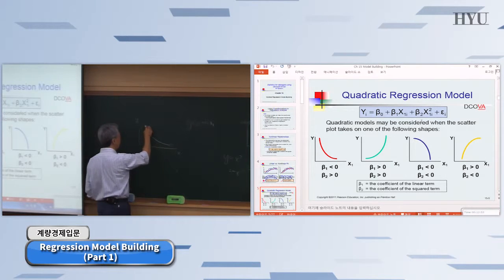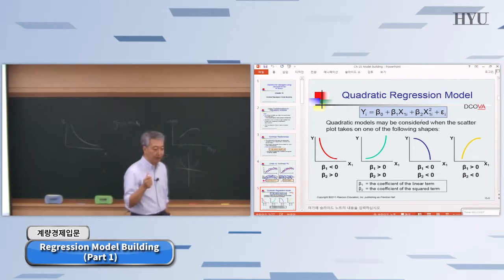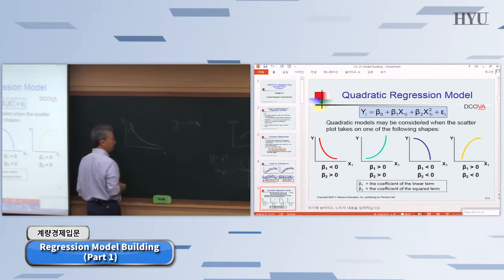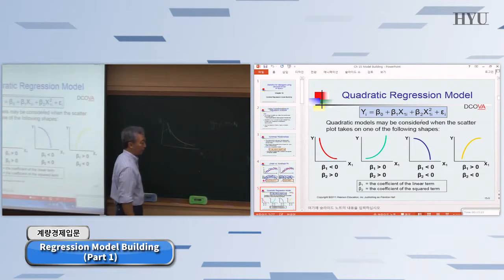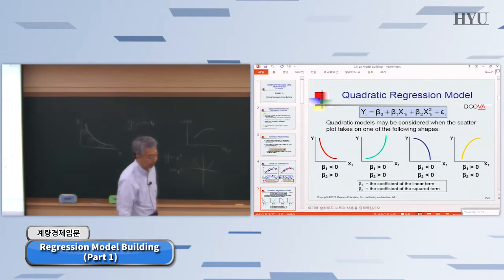Initially the slope is very steep, but it becomes flatter and flatter. In other words, the slope, the size of the slope, changes: this is something like -5, and then it becomes -1, and then -0.5, something like that. So the magnitude of the slope decreases. That's what this positive beta 2 implies.